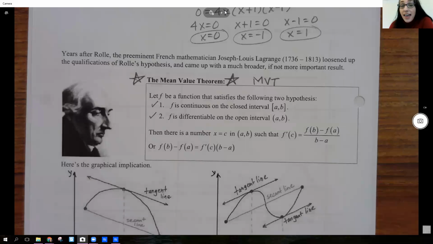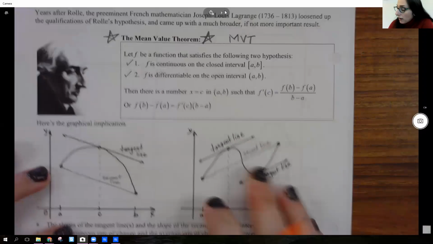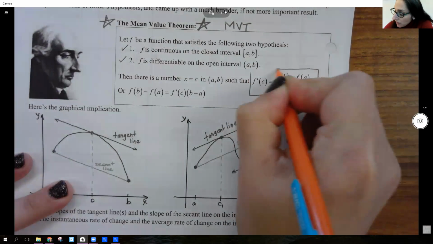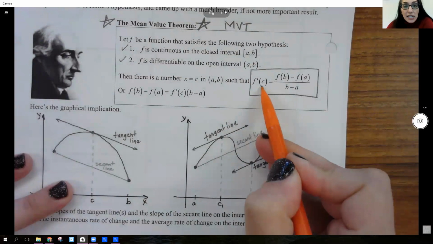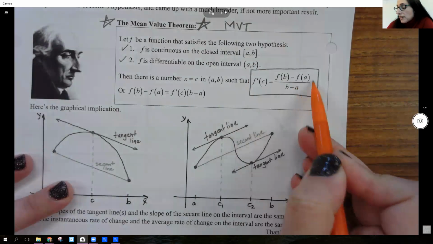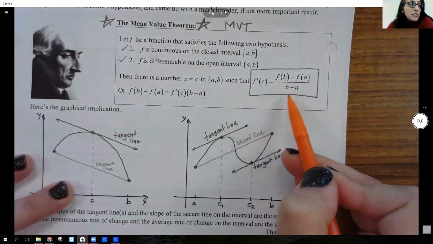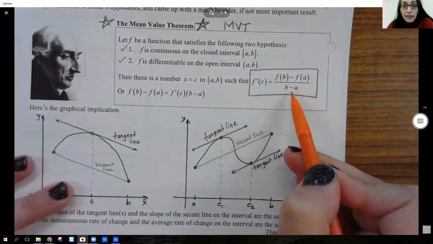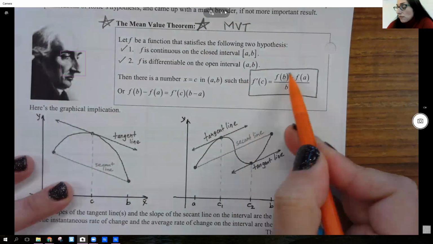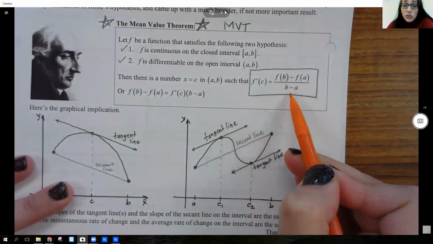And so if that is the case, then you are guaranteed that the derivative at some value C is going to be equal to this formula right here. So some of you may recognize that formula. I hope all of you recognize it. This is your geometry slope formula, okay?